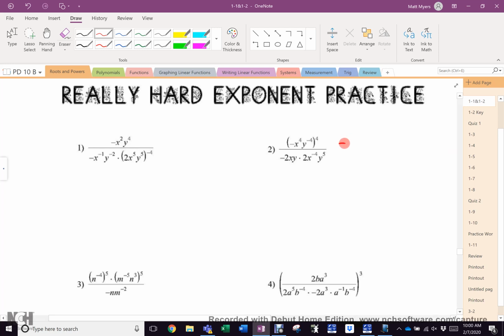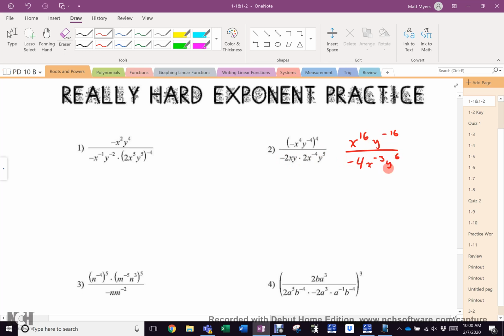Sure. Negative x to the 16th, but because it's a negative in the brackets with a positive, an even exponent, it is x to the 16th, y to the negative 16th, over 2 times 2 is negative 4, x times x to the negative 4 is x to the negative 3, y to the 6th.